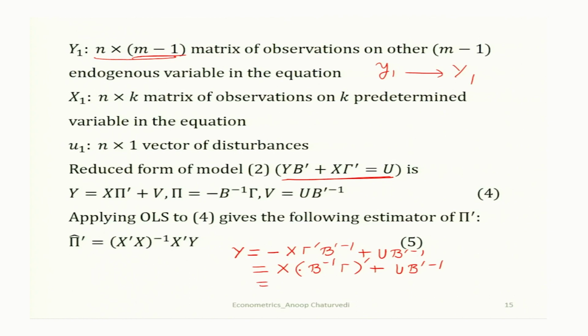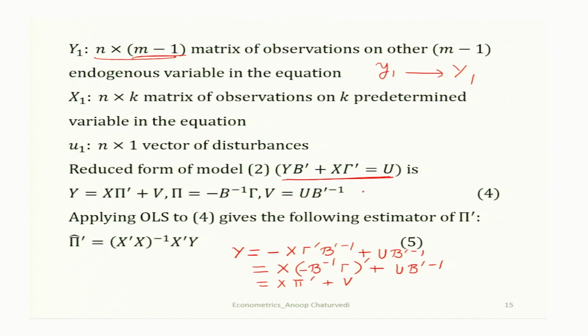So, we are writing minus B inverse gamma equal to pi. So, you get X pi transpose plus V, where V is equal to u B transpose inverse. So, we get the reduced form y equal to X pi transpose plus V. Here pi is minus B inverse gamma, and V equal to u B transpose inverse.